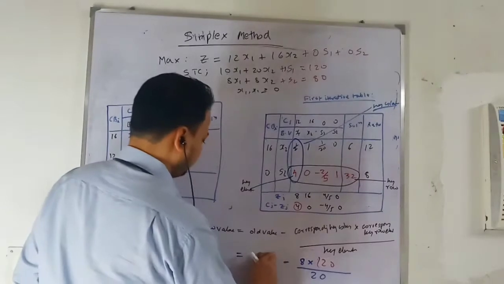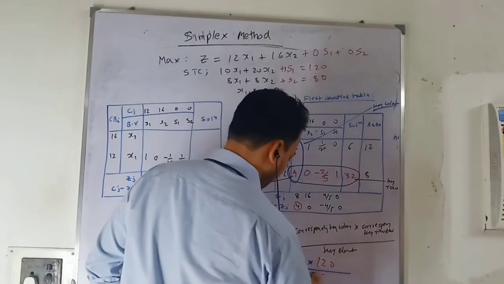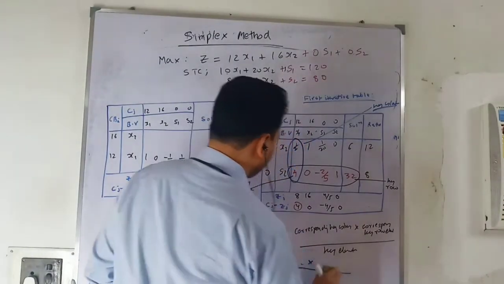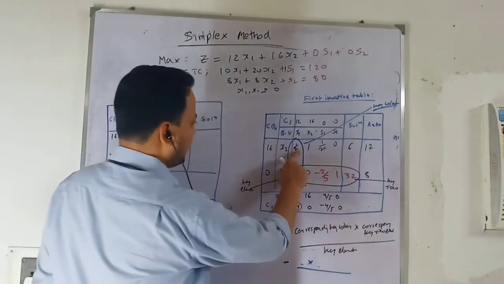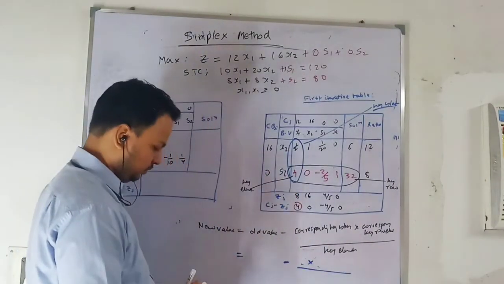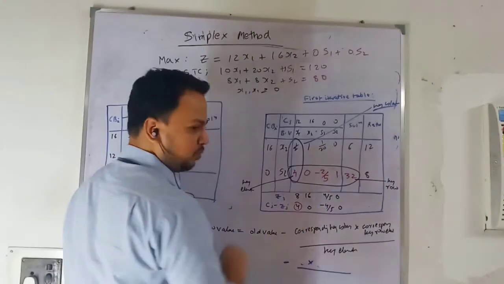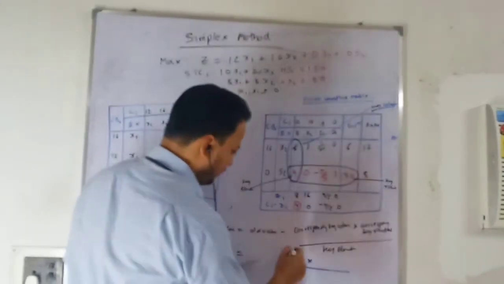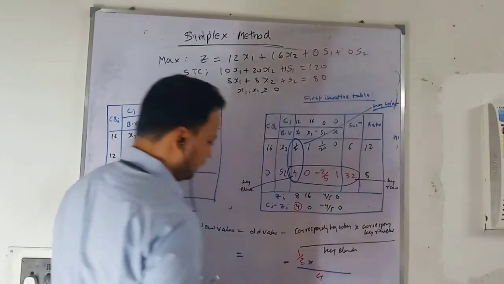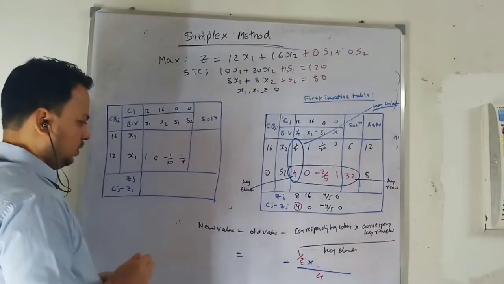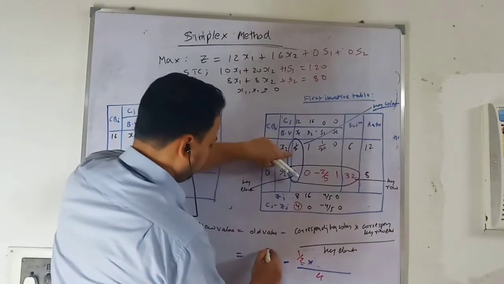Okay. Now, key quantum value. Okay. Key quantum value is 1 by 2. Okay. For every value, I have to take the key quantum value the same. So I write 1 by 2 here. Key element is the same, 4. Okay. So on value is 1 by 2.